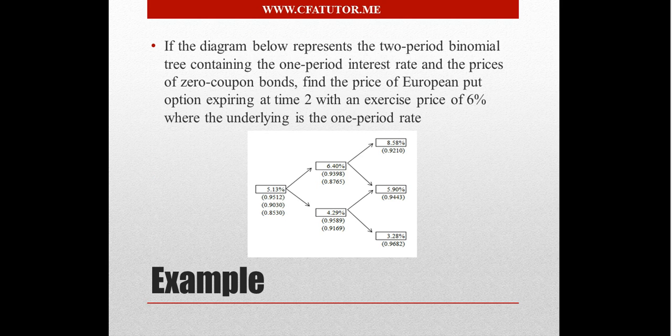For now, let's look at this example in order to see how to use the Excel sheets in solving these questions. So the diagram below represents the 2-period binomial tree containing the 1-period interest rate and the prices of 0 coupon bonds. So those numbers between brackets are the prices for 0 coupon bonds.